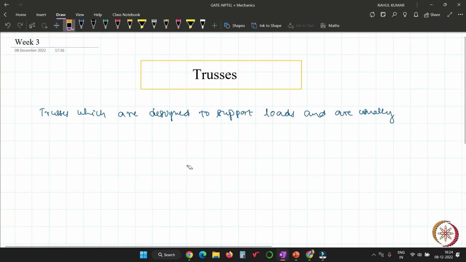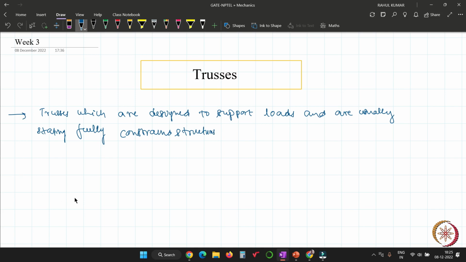Yeah, okay, so what I was writing: trusses which are designed to support loads and are usually stating fully constrained structures.